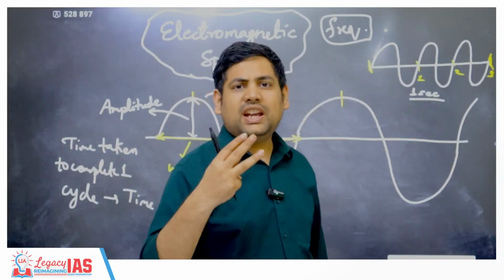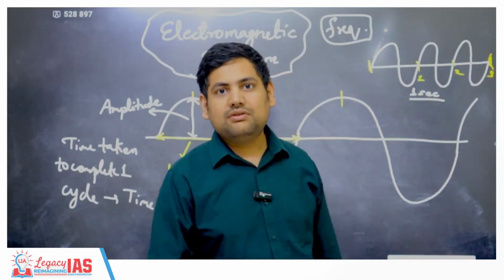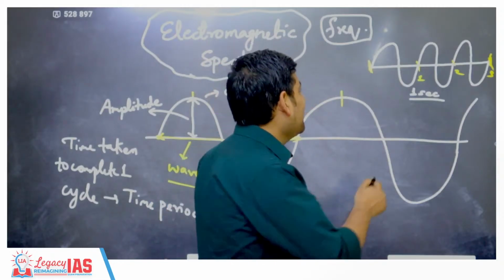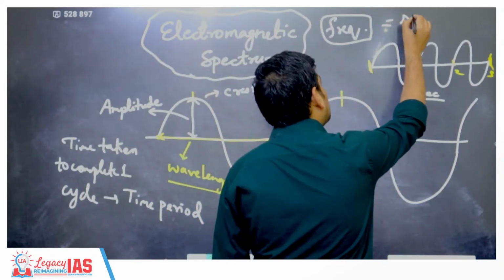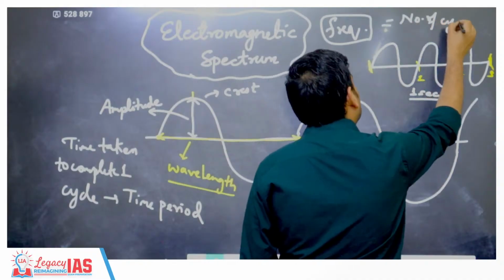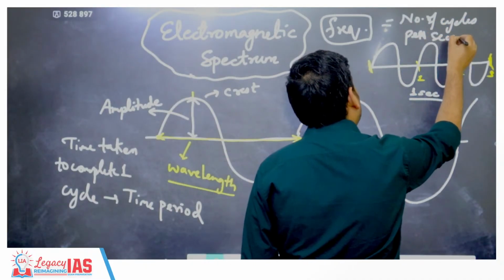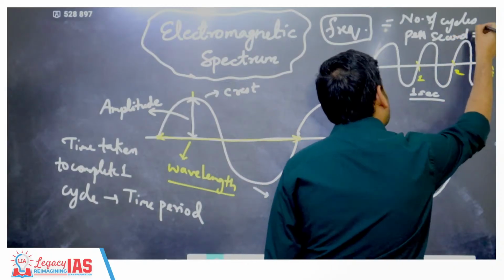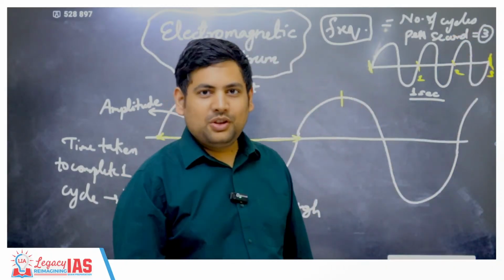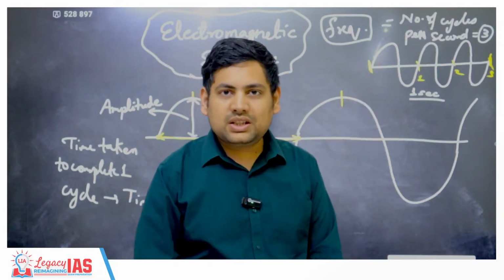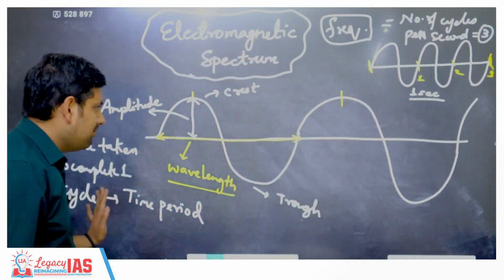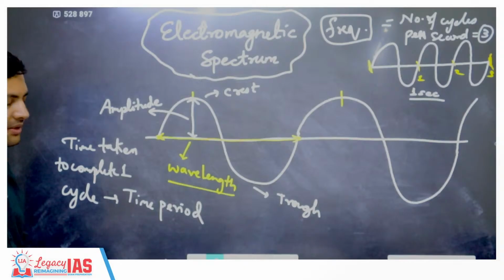Correct? So 3 cycles it can complete in 1 second. Then you say frequency is the number of cycles per second. So here frequency will be equal to 3. Understood? These are the main things that you need to know about a simple wave.